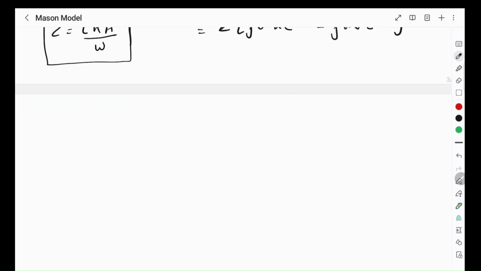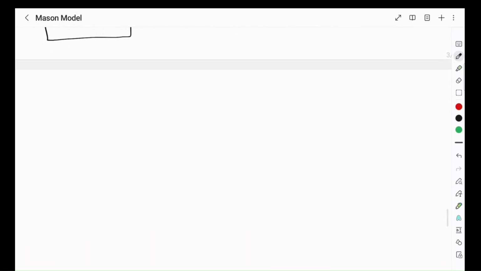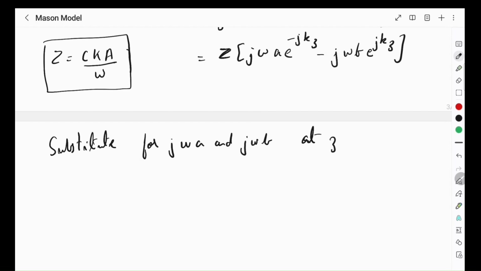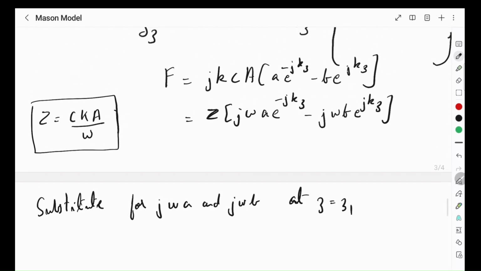So then we substitute the whole thing, substitute for jωA and jωB at z is equal to z1.